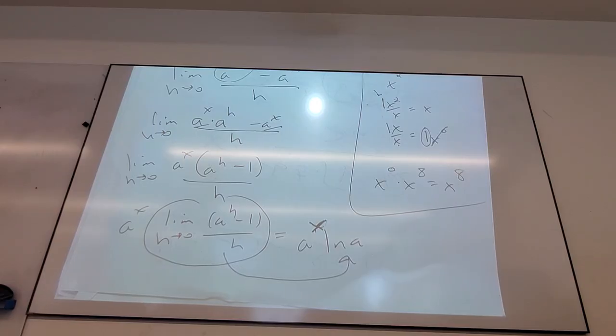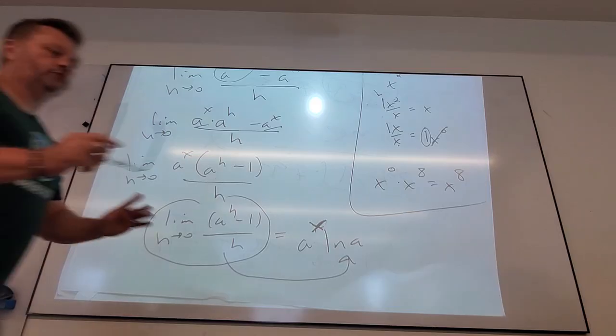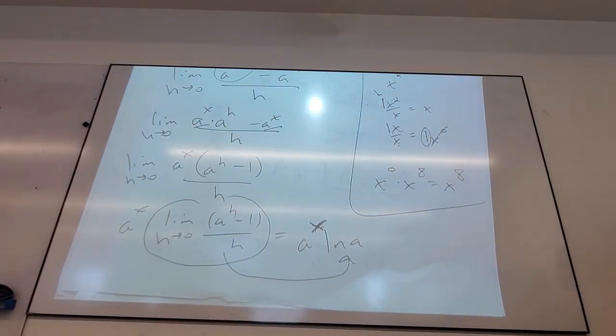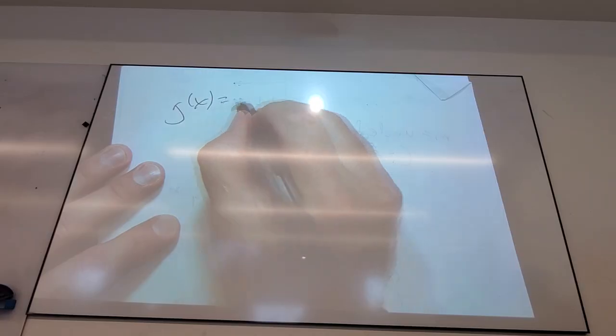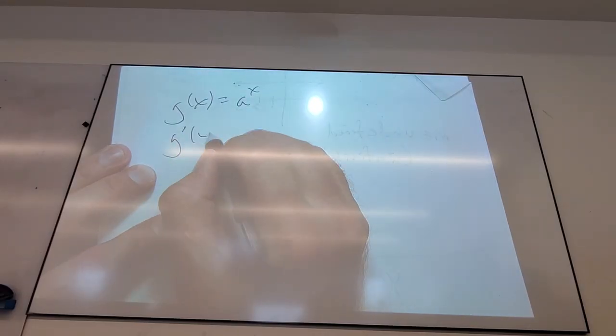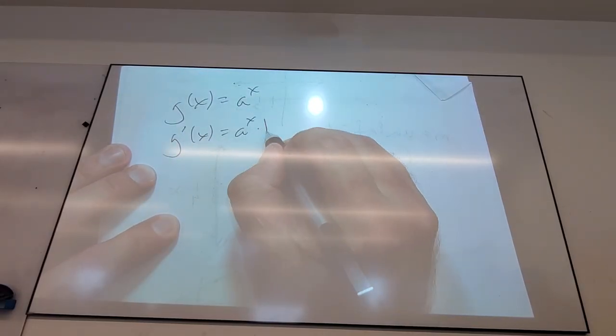Now, real quick, can anyone see a special base that I could replace a with that would make something simplify? Just make sure everybody understands what just happened. We started with this, and we got the derivative to be this.